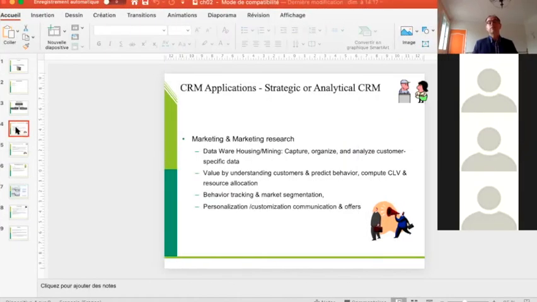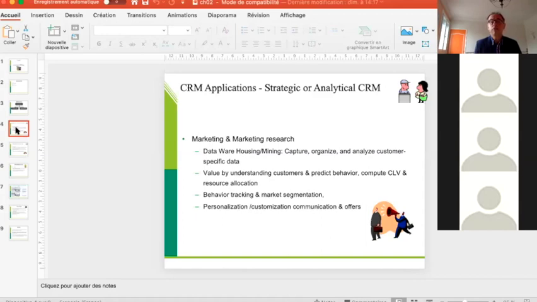So strategic or analytical CRM starts with marketing research, in order to listen to the customer and understand the customer. You start by creating the database, by doing data mining in order to capture, organize, and analyze the customer data. Then you have to understand the customer lifetime value by customer. You have to predict the customer behavior.